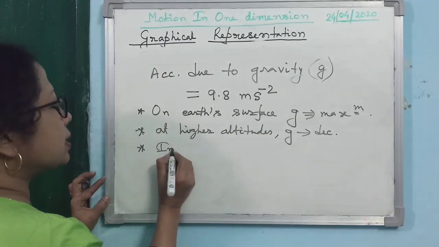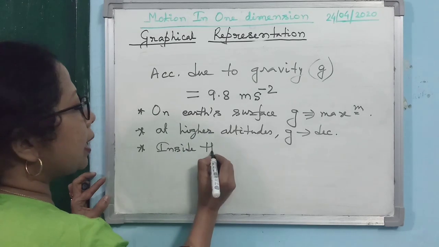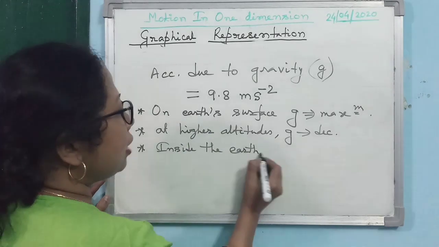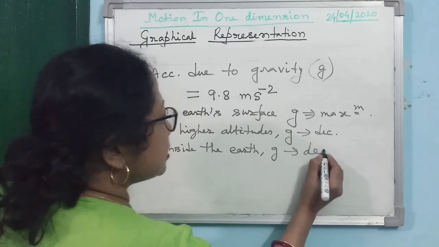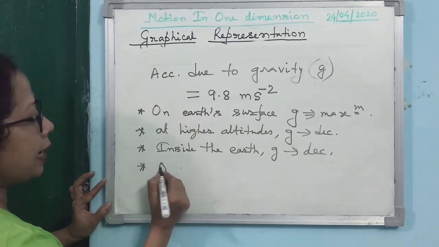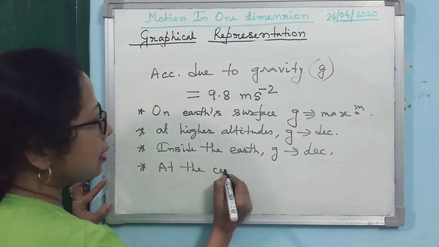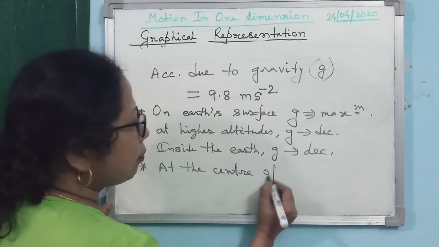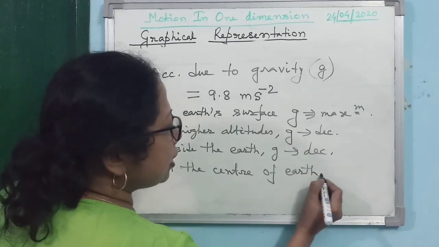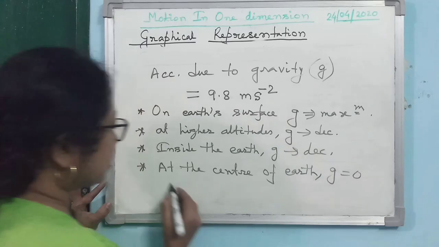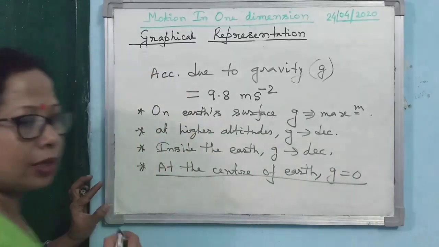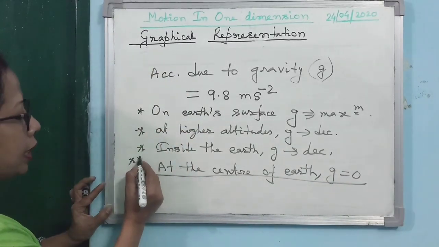And if you go inside the earth, what will happen? The value of g will decrease. And at the center of the earth, a very, very important concept, what is the value of acceleration due to gravity? It is 0. This is the most important point.